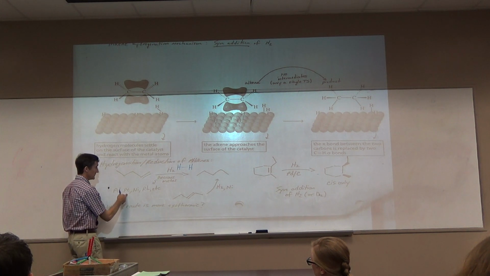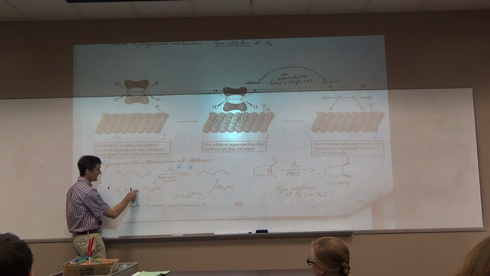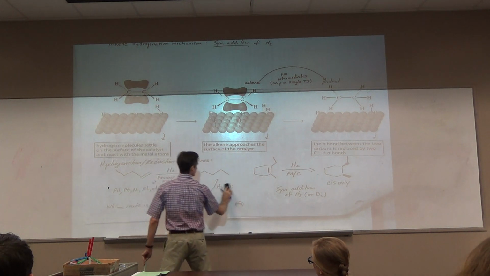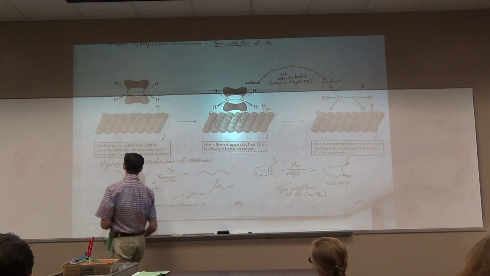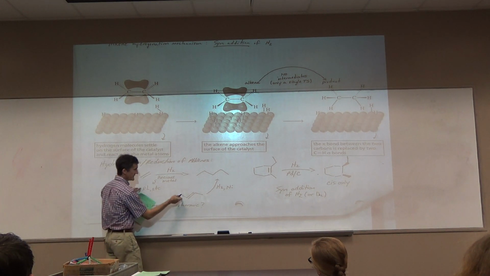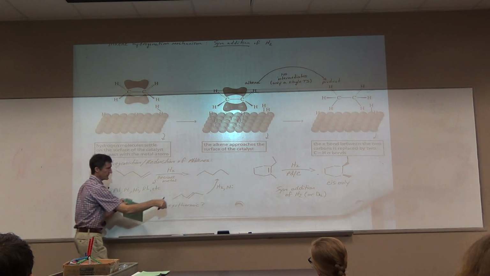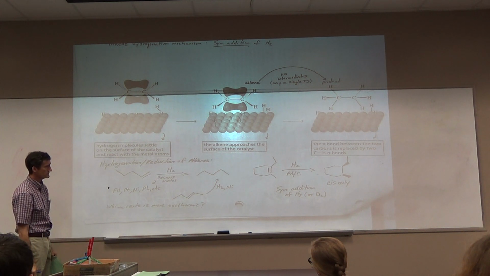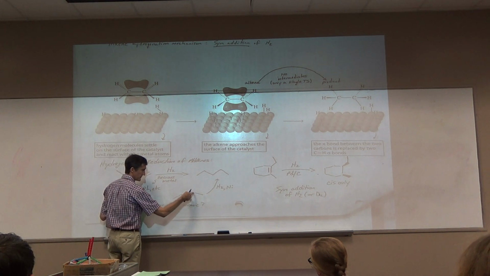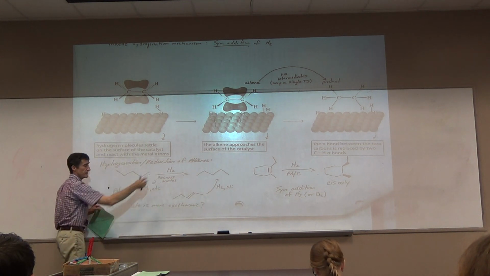You've got to have the metal, a precious metal like palladium or platinum or nickel. Things we can say about this. Both of these alkenes give the same product upon hydrogenation. You should see that. I mean, if you add an H to each of here, you get that. Or here, you get that.